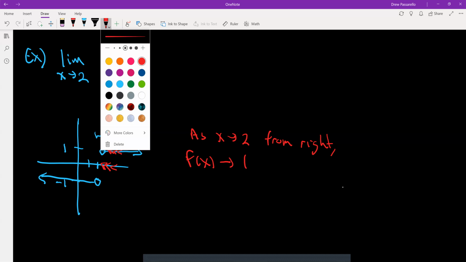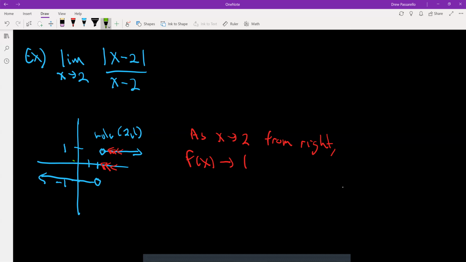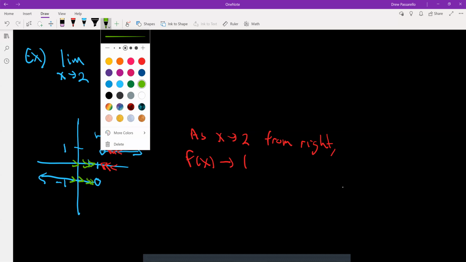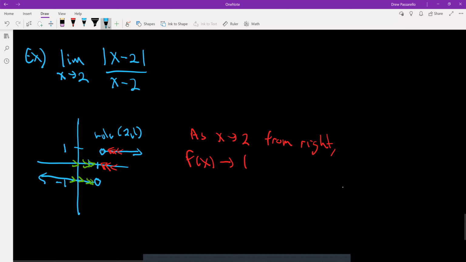Now if I approach 2 from the left side, the y coordinates are on this portion of the graph, this bottom line. And that approaches the bottom hole, and that hole is the point (2, -1). So the y coordinate of that is -1.